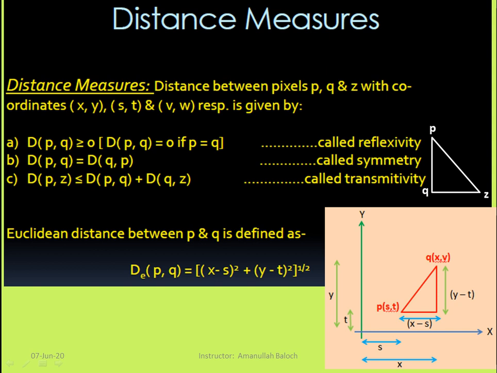Now the base is x minus s and the perpendicular is y minus t. Look at this formula: the Euclidean distance between P and Q is equal to (x minus s) square, base square, plus (y minus t) square, perpendicular square, whole under root. The power 1 over 2 is considered as the square root. So this is the formula for finding the Euclidean distance between P and Q.